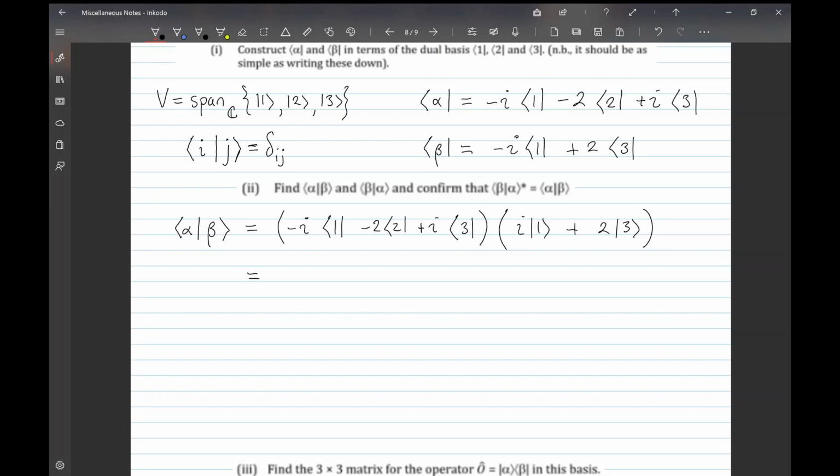Okay, so we get minus i times i in a product of 1 and 1. And the only other non-zero term is going to be 2i, 3 and 3. And this gets us 1 plus 2i.